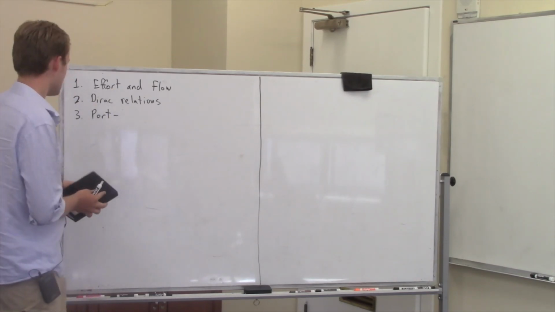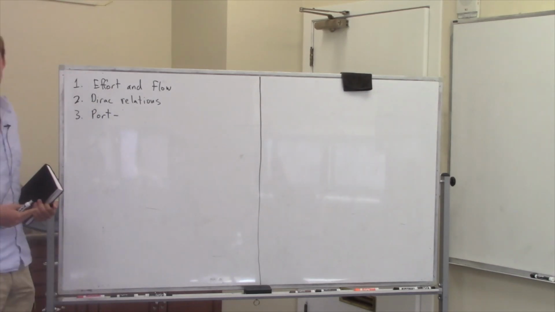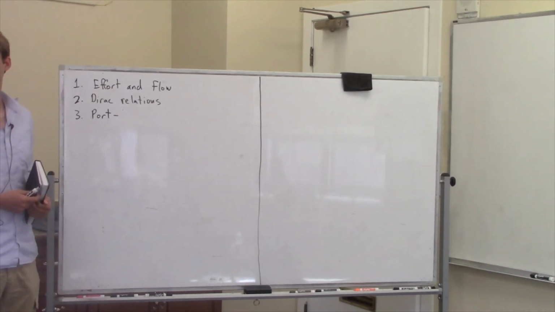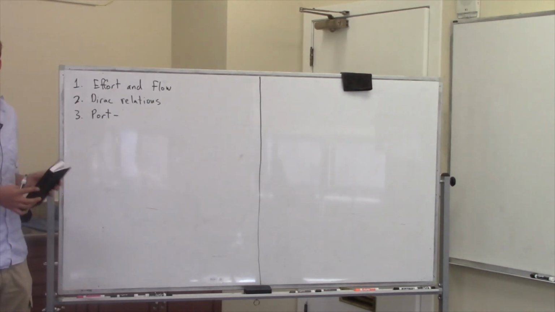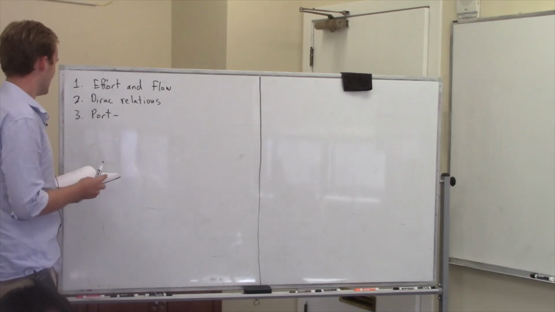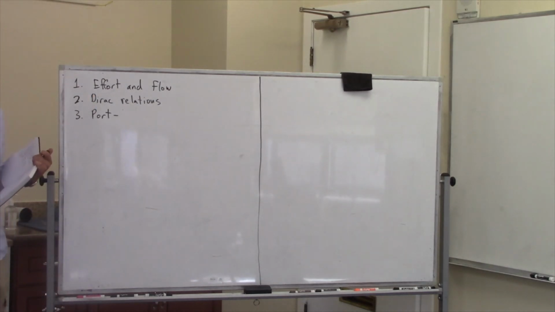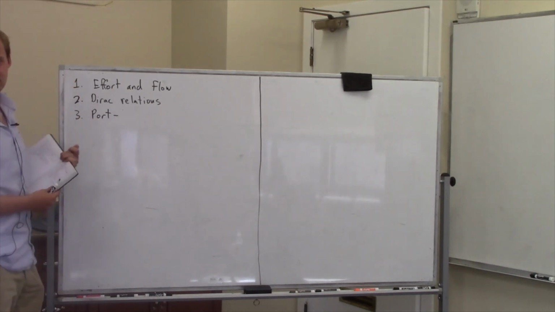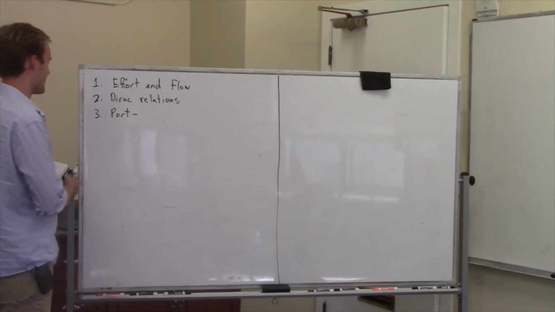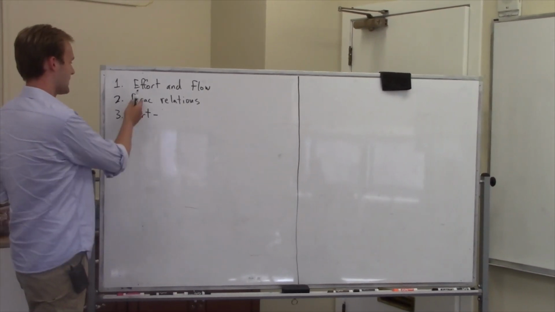I'm going to start this talk by giving an outline so that you will know where you are and not get lost. I'm going to start out by talking about effort and flow. Then Dirac relations.